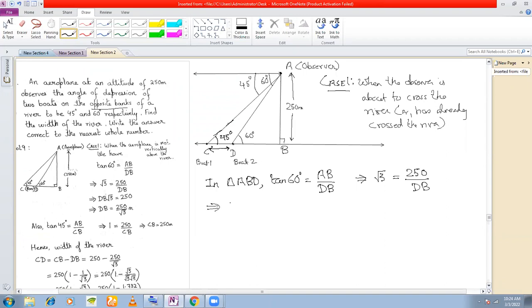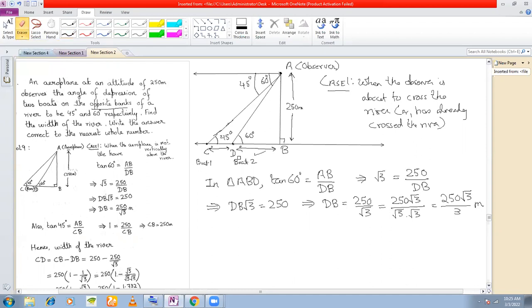So cross multiply, you get DB root 3 is equal to 250. That means DB is equal to 250 by root 3. Rationalize the denominator, root 3 into root 3. So you get 250 root 3 by 3 meters, right? So we have got this length, DB.